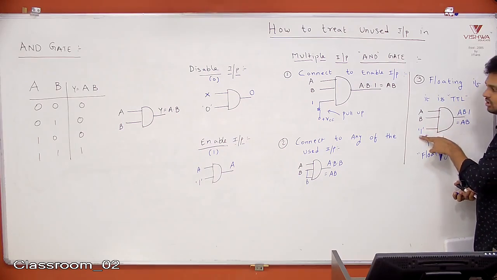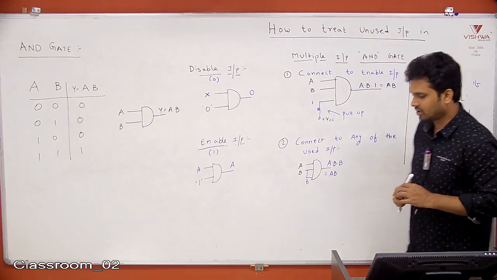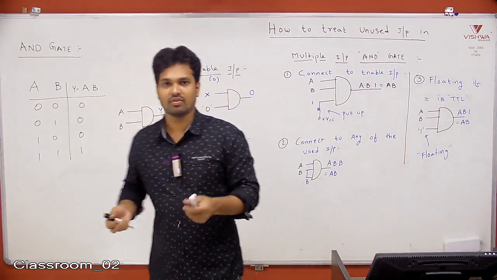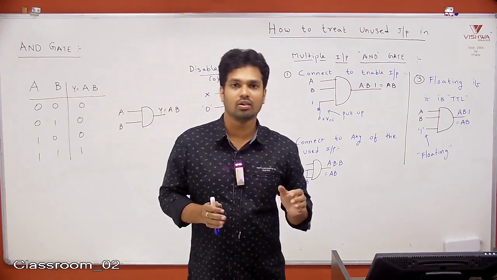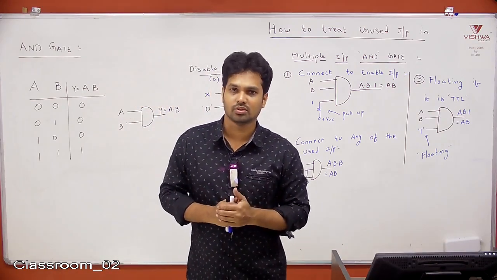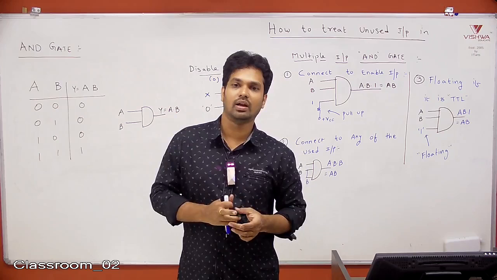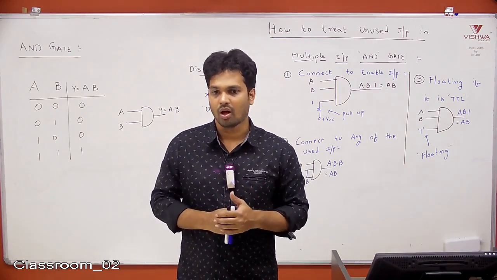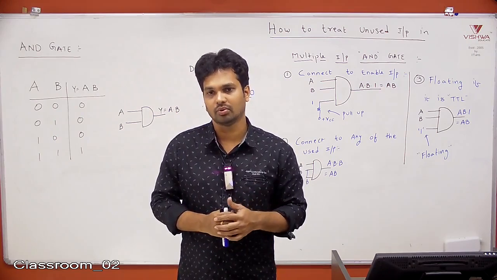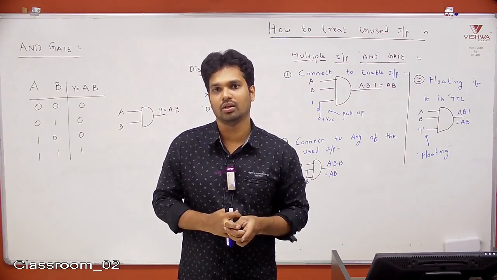You can understand. So if you have a multiple input gate, say 5 input, 10 input, any number of input gate, and you are not using all the inputs, you are using only a few inputs, then it is called a floating input.